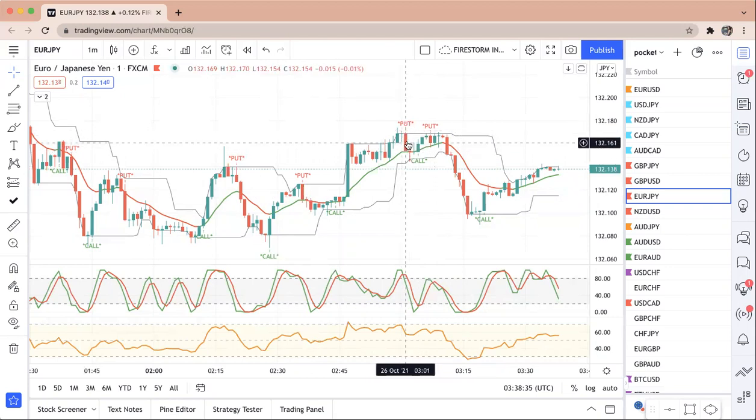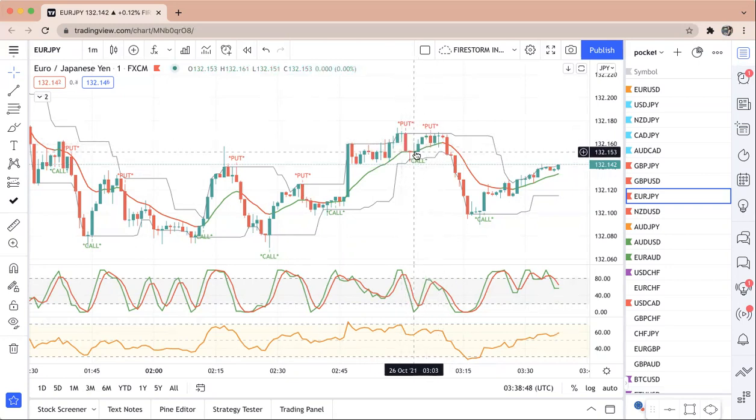I mean, it could have been for this one if you got in right when you saw it come up, got in up here for a minute and it closed down there. That could have definitely been a win. But I like to look at two or three candles as a win. And these two were against the trend, and I wouldn't have taken these because the trend is still green.